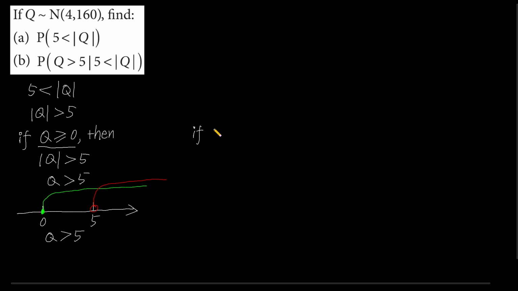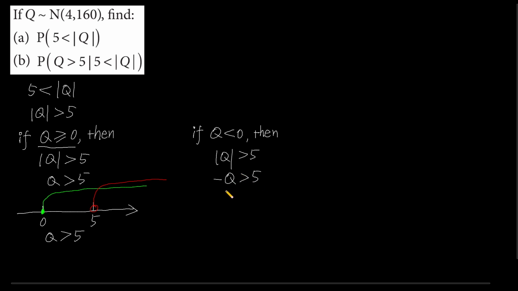If Q is smaller than 0, then the absolute value of Q equals negative Q. This is bigger than 5. We multiply negative 1 on both sides.